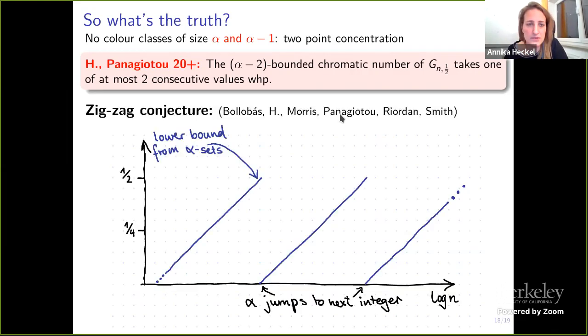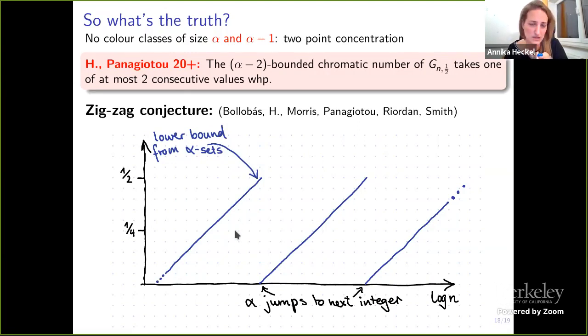Now, from this work and also recent work by Bollobás, Morris, Reardon, and Smith, a conjecture recently emerged on what the true concentration interval length might be. This is the lower bound I talked about earlier, which comes from the number of alpha sets. It goes from n to the 0 up to n to the 1. I didn't label this axis, so this is the exponent of the concentration interval length: n to the 1/2 here, n to the 1/4, and so on.